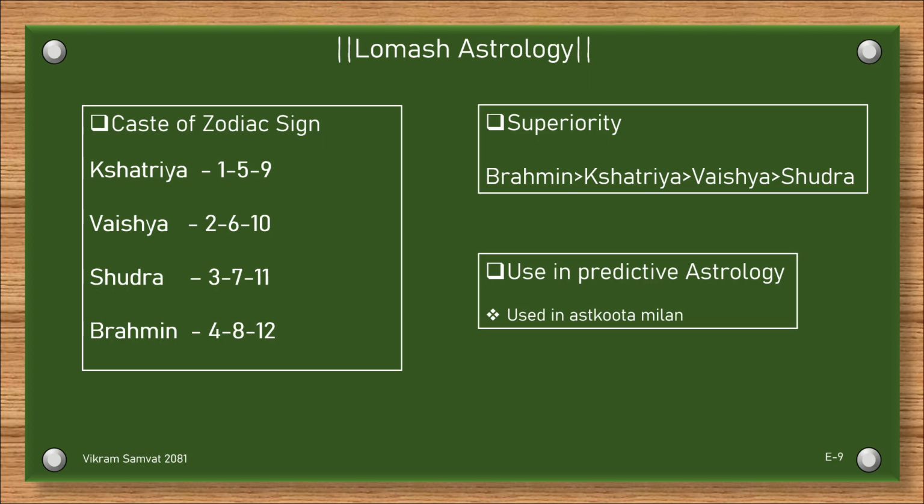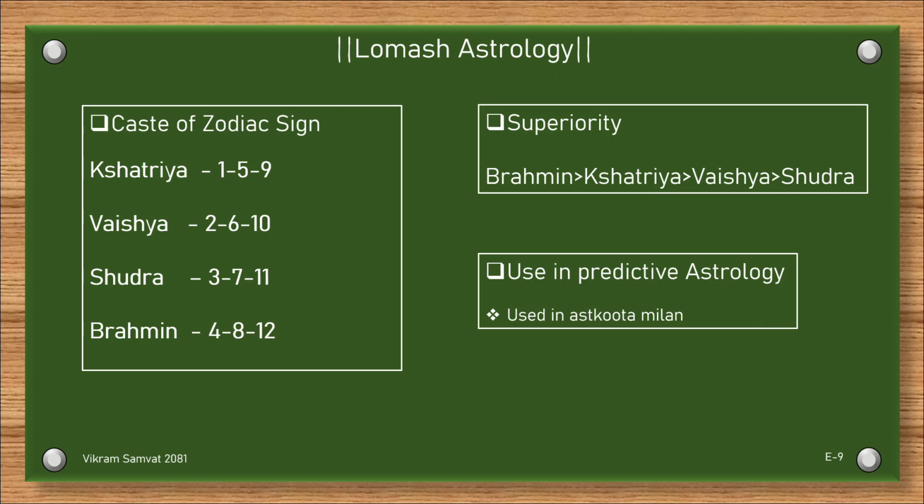But you can also find out the traits of a person. If a person has his moon sign, ascendant or both as 1, 5, 9, it means he will have valor, or he will be a warrior kind of person, because the Kshatriya's quality is that of a warrior. If it is Shudra, meaning 3, 7, 11, then he will be more inclined towards service, meaning he will be doing a job in a company or for the government, or working for some person.